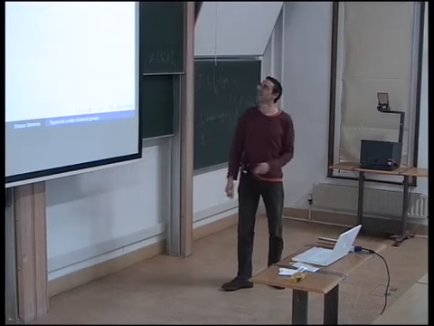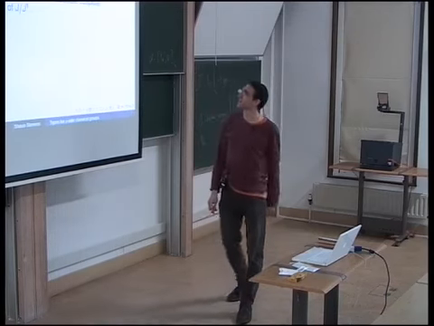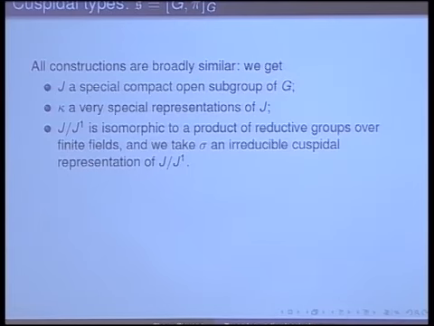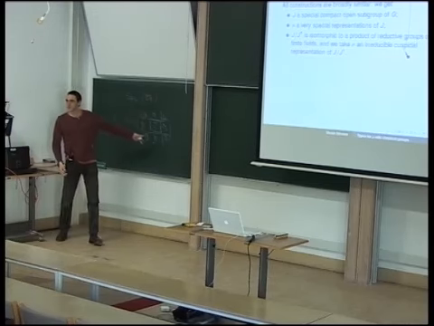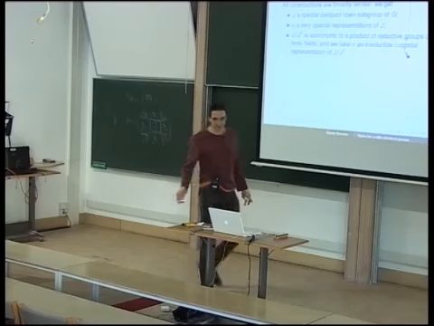Okay, and then what happens? So this compact open subgroup also has a pro-p radical, just as we're seeing for these. And if you take the quotient, then you get a product of reductive groups. In the same way that here, just this quotient was a product of two symplectic groups. In general, you might get more than two. They might not be symplectic.